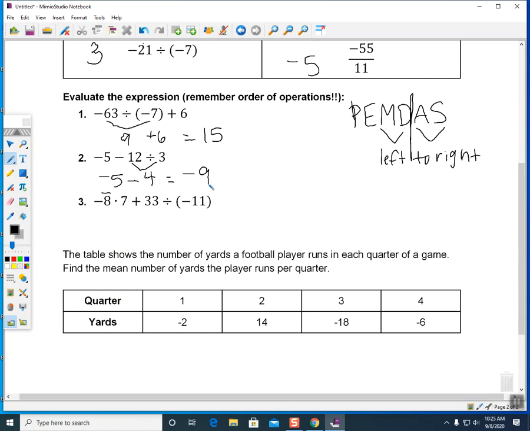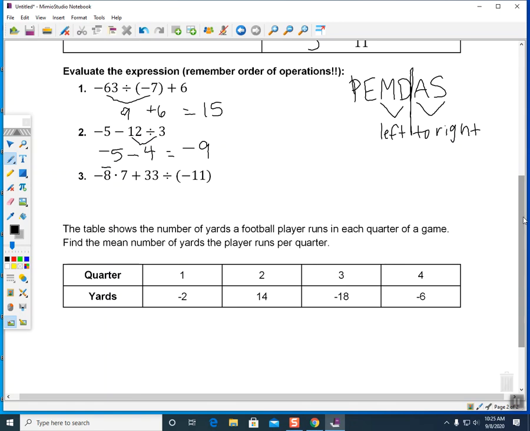Okay, this last one is where I need to remember to work from left to right, right? So I've got negative 8 times 7 plus 33 divided by negative 11. I'm working from left to right. So I've got negative 8 times 7. It's going to give me a negative 56.